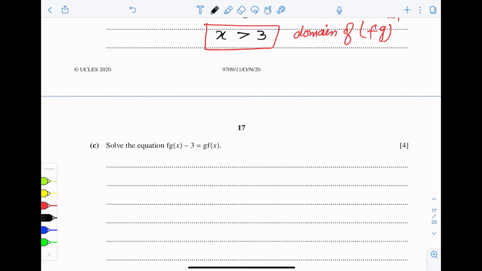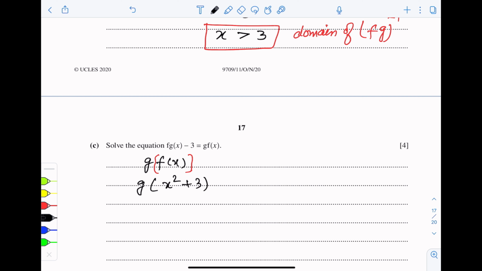First of all, we will find g of fx. In place of fx, this is the inner function. In place of fx, we will put its value. G of fx is x square plus 3.